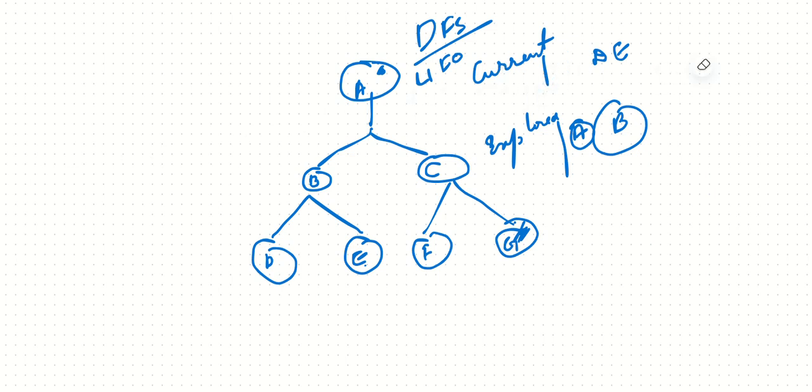Since we have checked D and E, they go into the explored set. After D and E, we go to C.